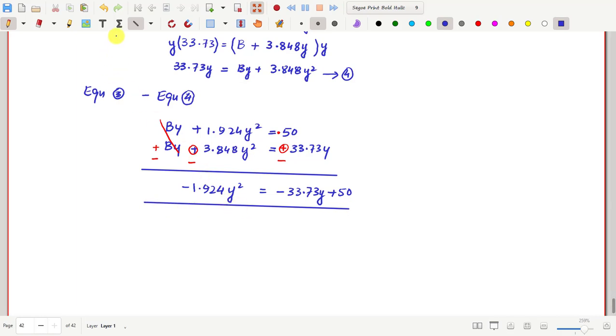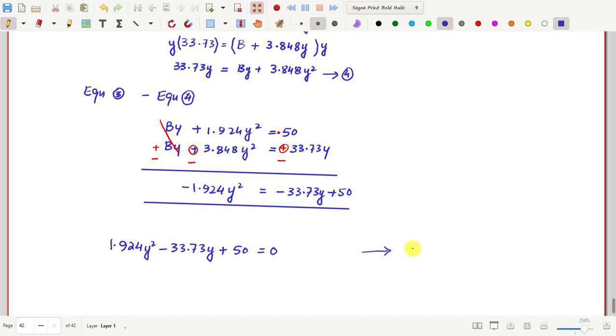So from here we can find out the value of y. Let's make it simpler and convert it into quadratic form. Can I write it as 1.924 y square minus 33.73y plus 50 is equal to 0?